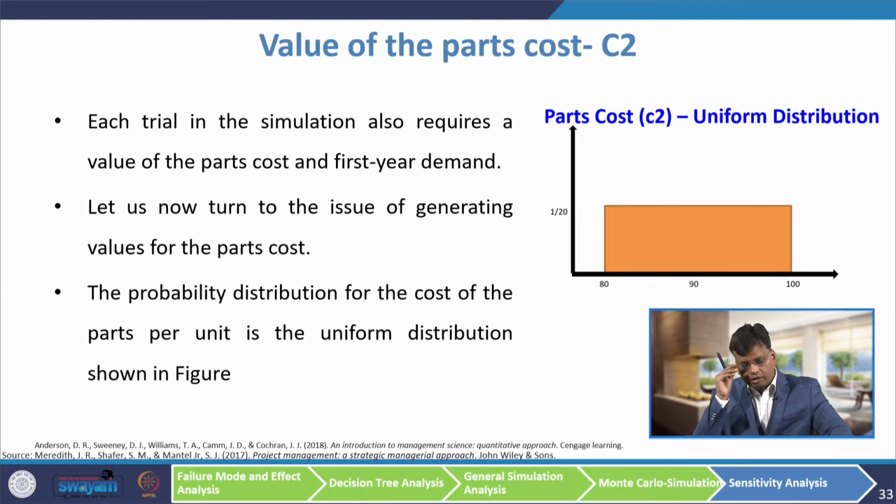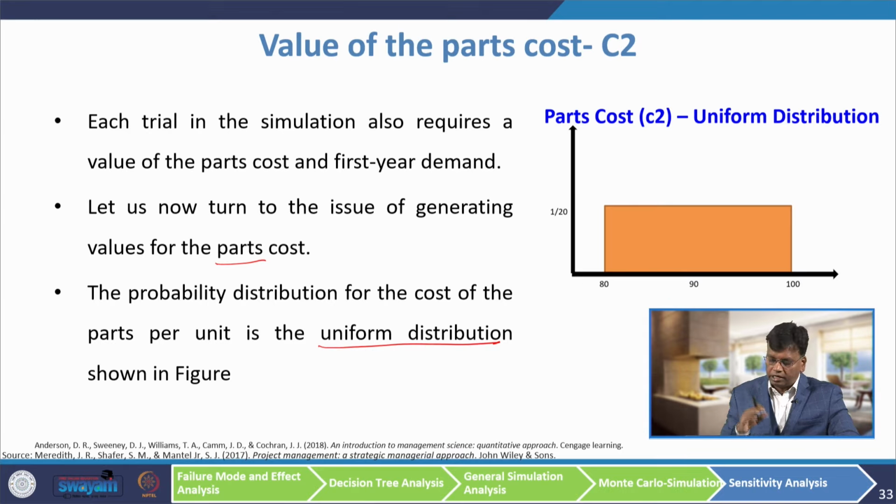The second one is part cost. As I told you, the part cost follows uniform distribution. So, each trial in the simulation also requires a value of the part cost and the first year demand. Let us now turn to the issue of generating values for the part cost. The probability distribution for the cost of the part per unit is the uniform distribution as shown in this figure.